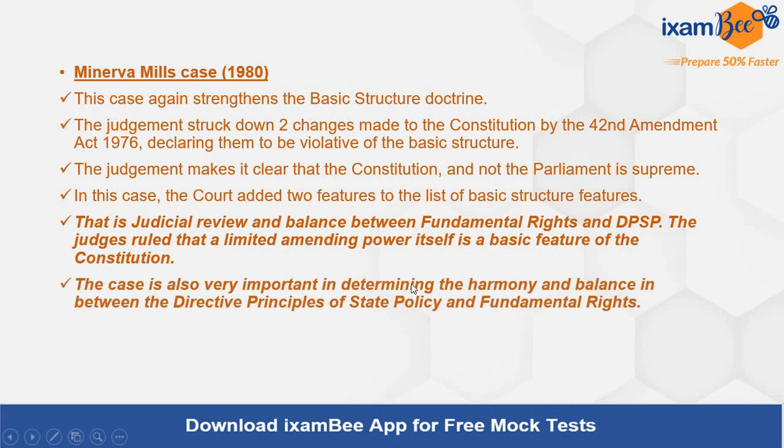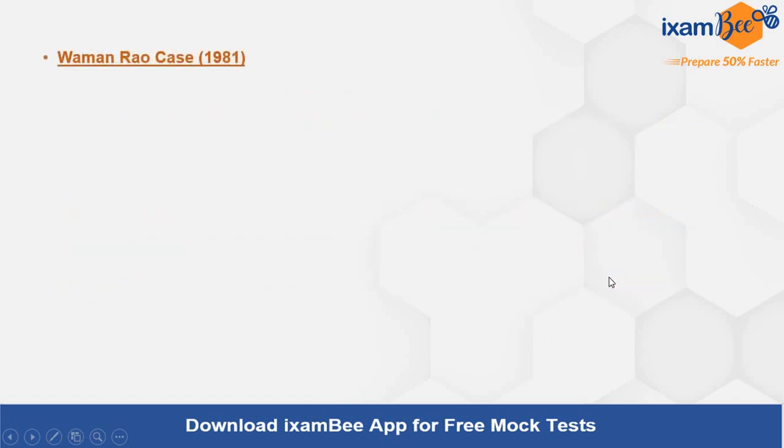And अगर हम dichotomy between DPSP और fundamental rights की बात करें so इस case में वो भी establish हो जाता है that both of them will be harmoniously interpreted. Doctrine of harmonious construction becomes very important over here. So such kind of important doctrines also you should be studying.